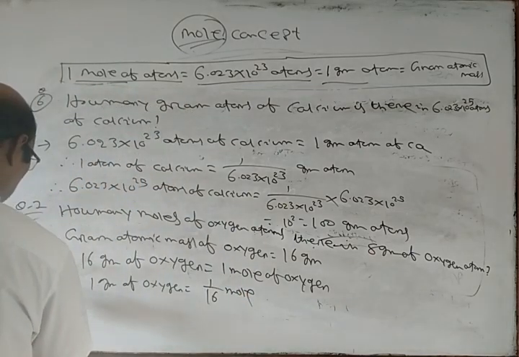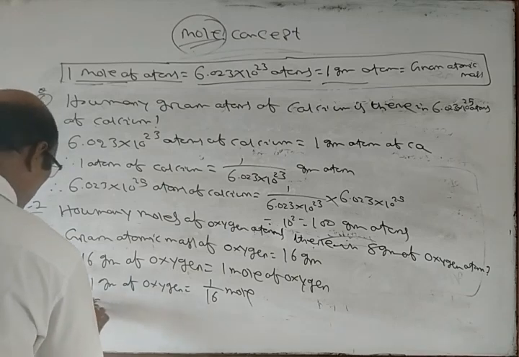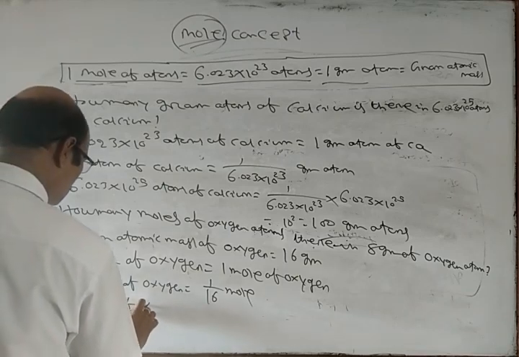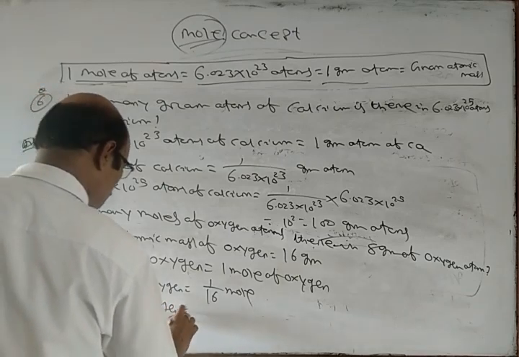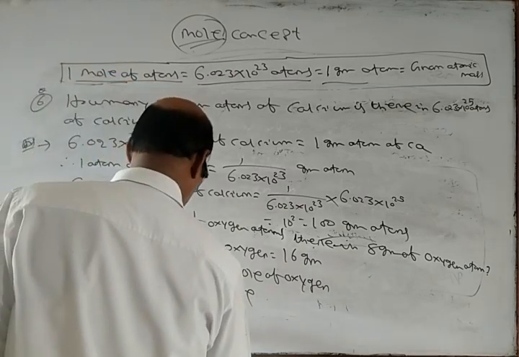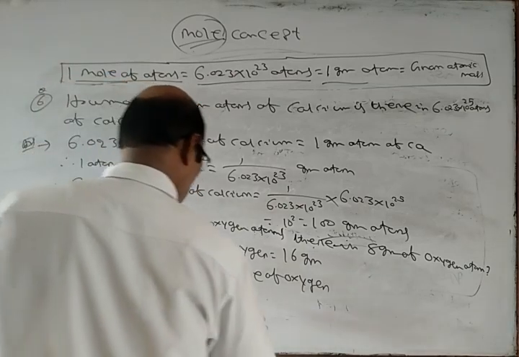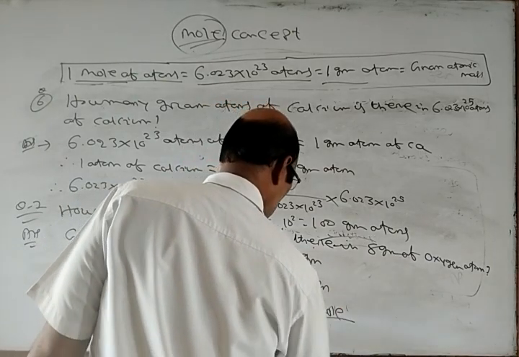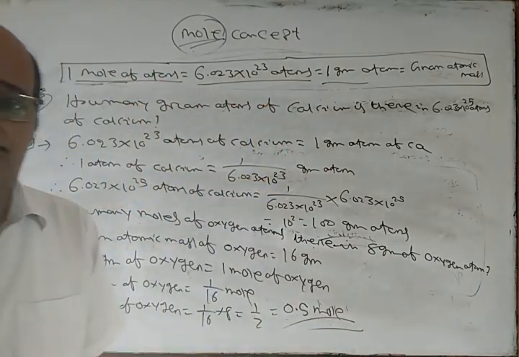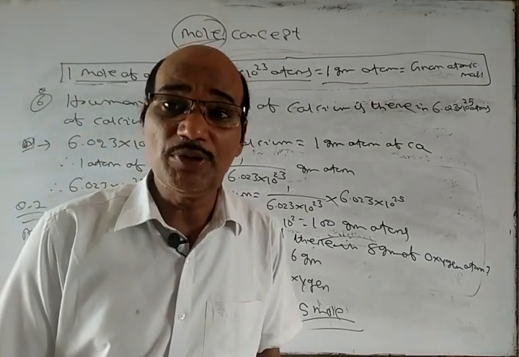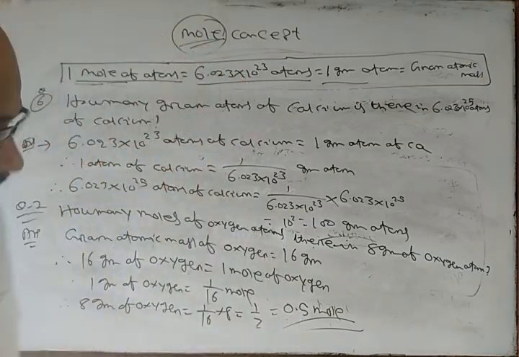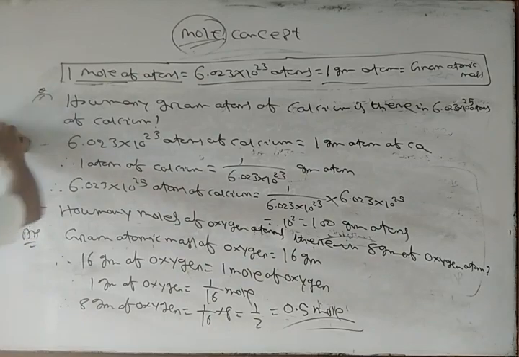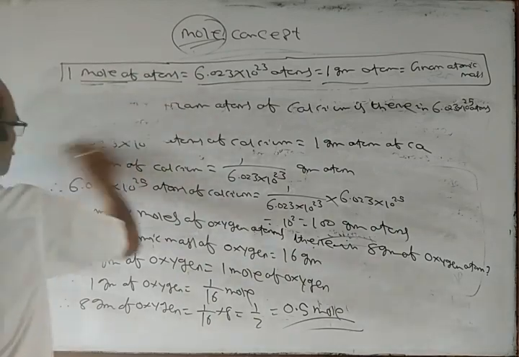Simple ratio. 8 gram of oxygen is equal to 1 by 16 into 8, which is 1 by 2, 0.5 mole. So 8 gram of oxygen atom equals 0.5 mole. Okay. Question number 8.